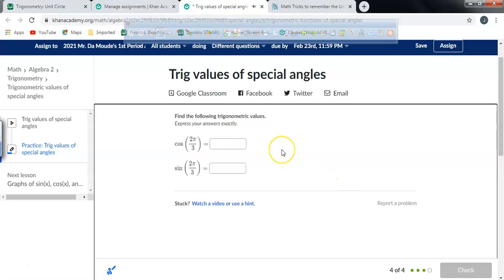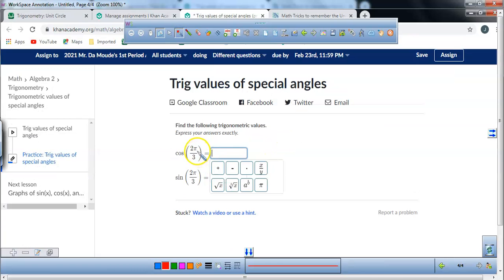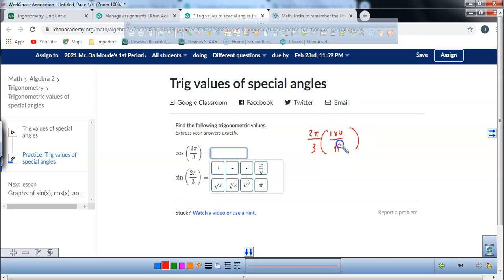Okay, so now we're looking at radians. All right, so we're at what, cosine of 2 pi over 3 and sine of 2 pi over 3. So how could I convert this to degrees if I wanted to? I could take 2 pi over 3 and multiply it by 180 over pi.